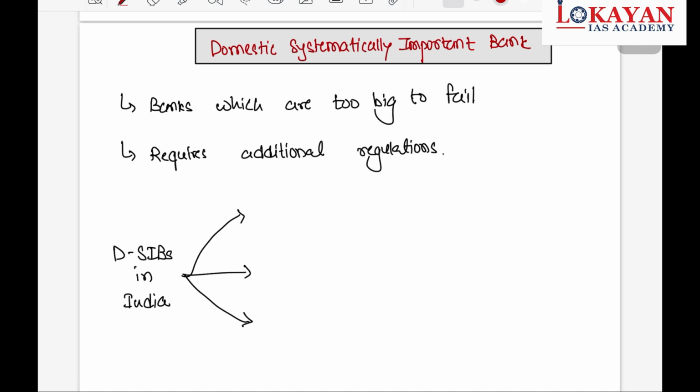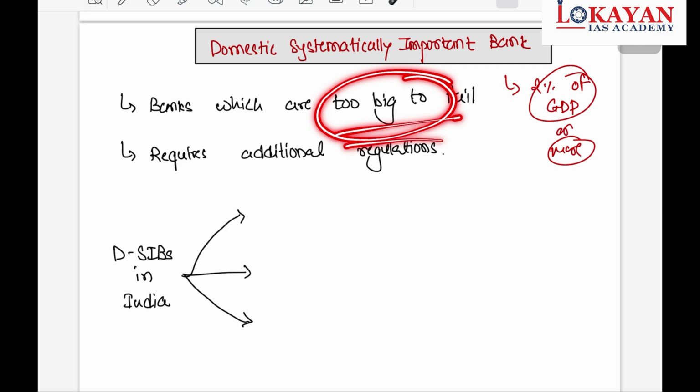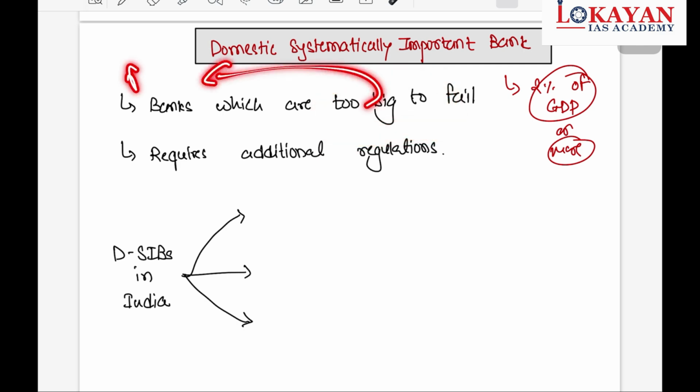Generally, these are banks whose balance sheet is at least 2% of GDP or more. These are banks which are too big to fail. It means if these banks fail, there will be repercussions in the entire economy.